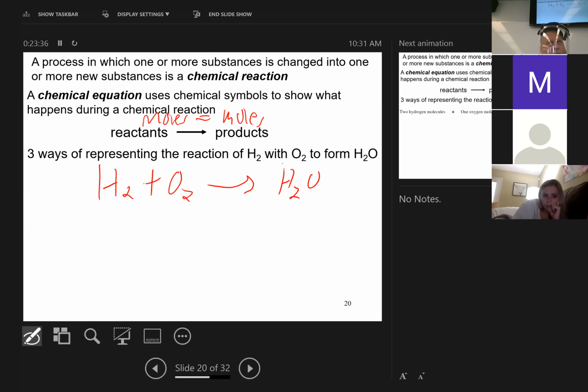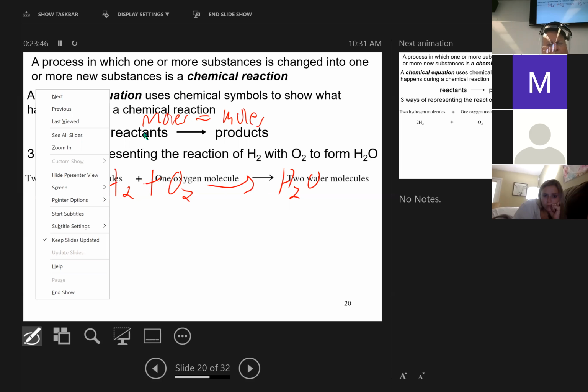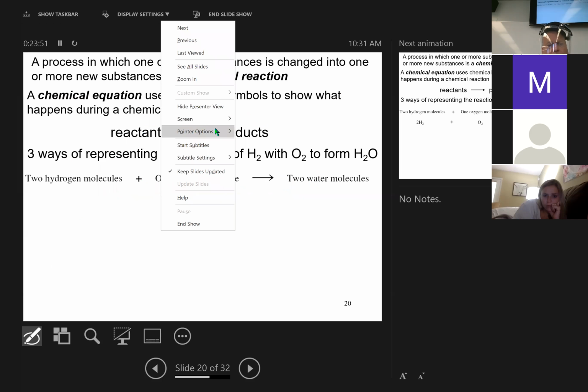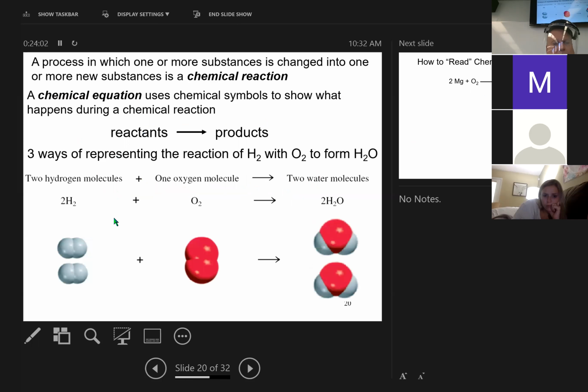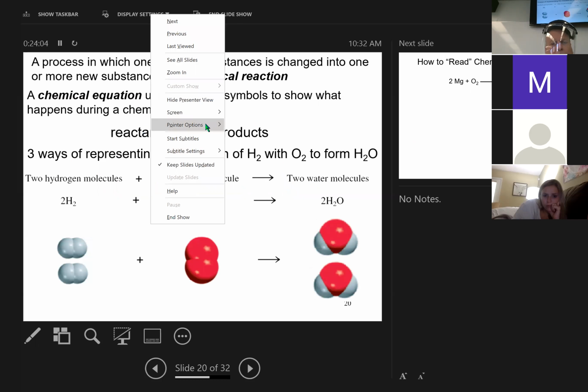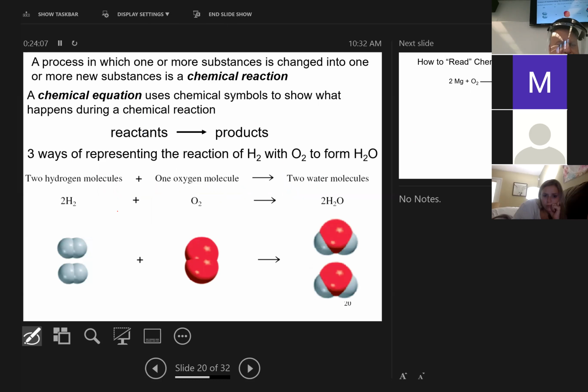That's a combination reaction. It shows 2 hydrogen molecules, 1 oxygen molecule, and 2 water molecules. The plus means reacts with. The arrow means to form.